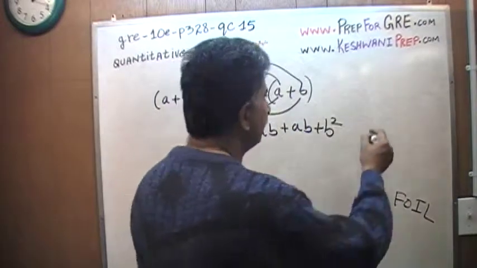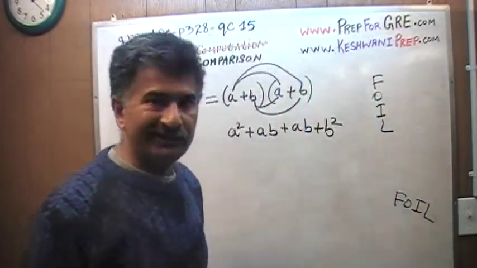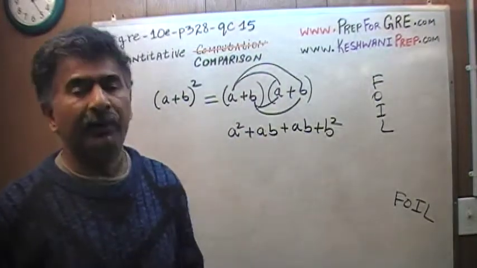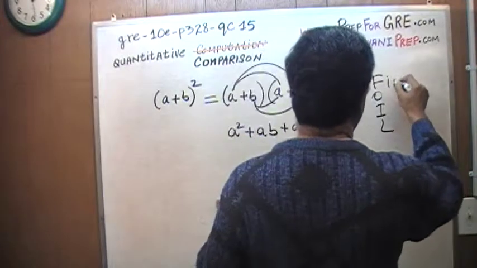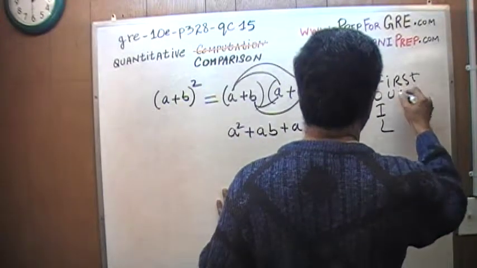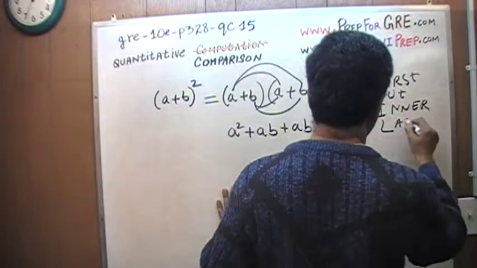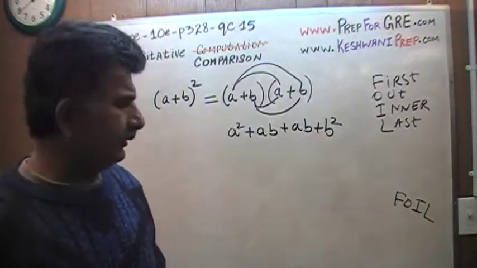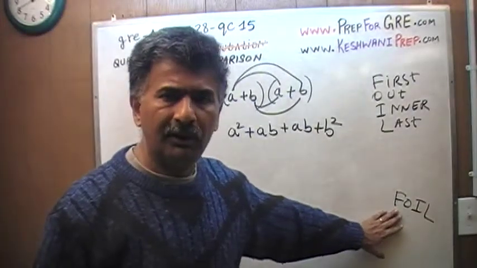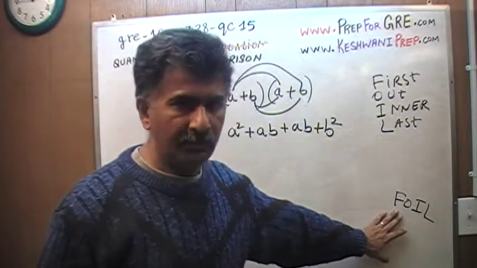The foil that we were using before was used as a mnemonic, as an acronym rather, which stands for first, outer, inner, last, something to that effect. But that of course is an acronym. Here I'm using the word foil as a word. Pick up a dictionary and look up what it means to foil.